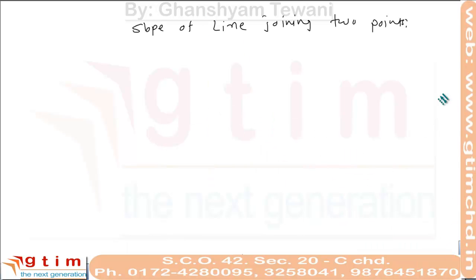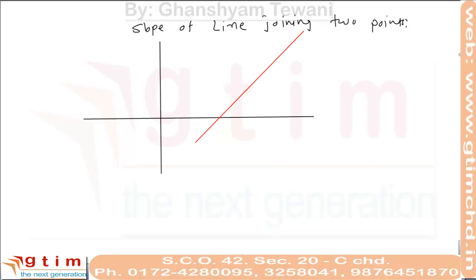Let's see now the slope of a line joining two points. If two points are given, how to calculate the slope of the line? Suppose two points given are x1 y1 and x2 y2. This is point P x1 comma y1 and this is point Q x2 comma y2. Now these 2 points are given. We want to calculate the slope of the line.